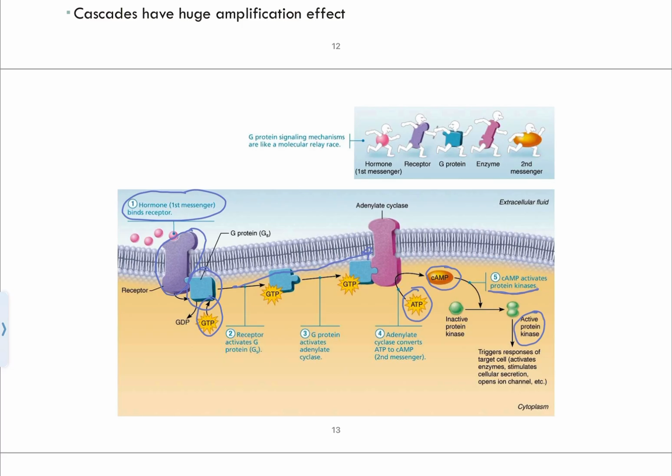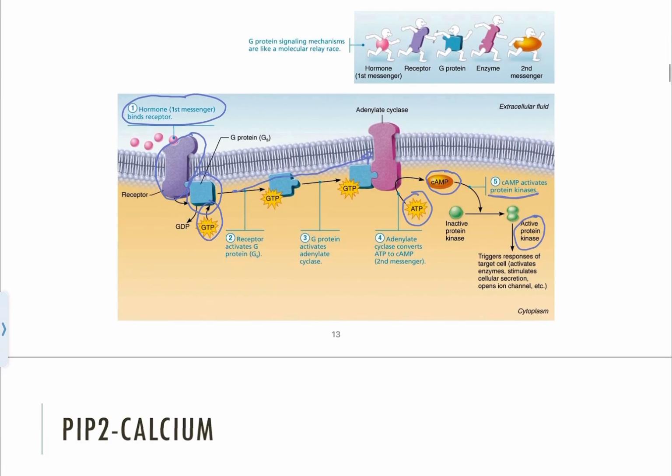Sometimes we can go in and phosphorylate a protein to cause inactivation. So really the effects of our activated protein kinase are different. All of this is an amplification effect. Based off of one hormone, we can get millions of final products because of this cascade that we have going on.